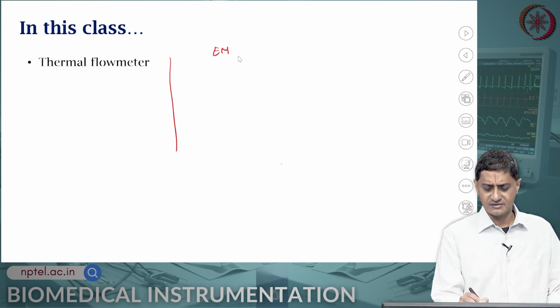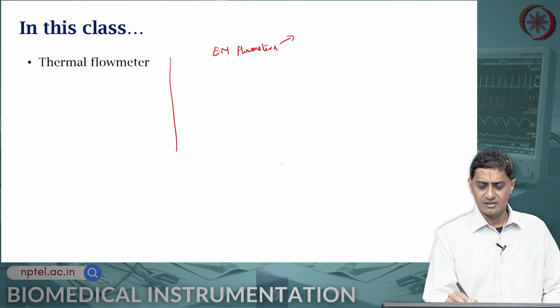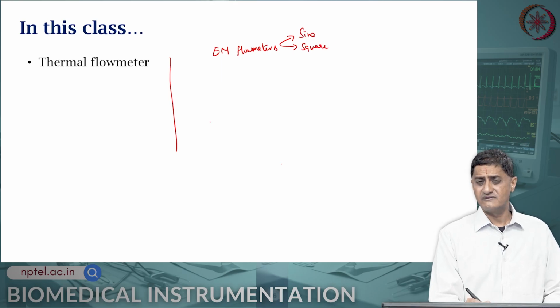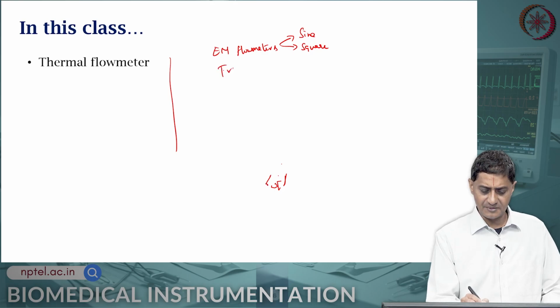Electromagnetic flow meters. Within this, we looked at two types: sine wave and square wave type. Then we looked at transit time. Transit time within ultrasonic, is it not?